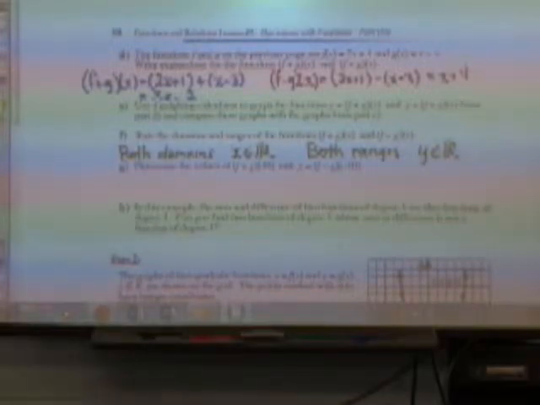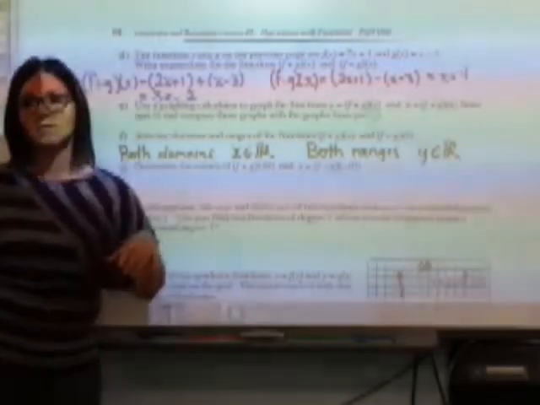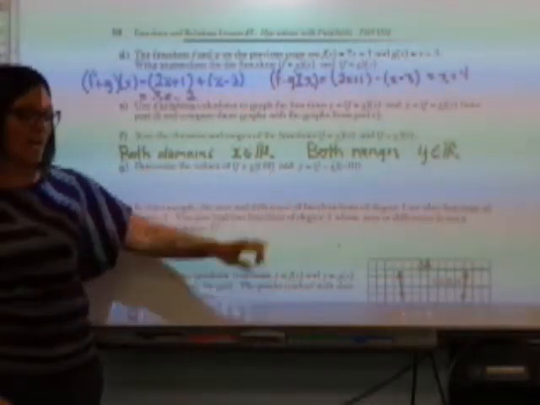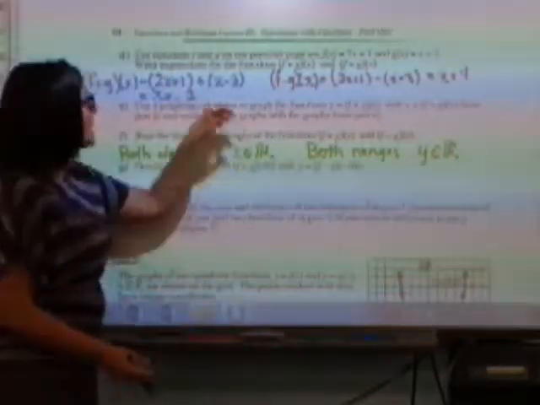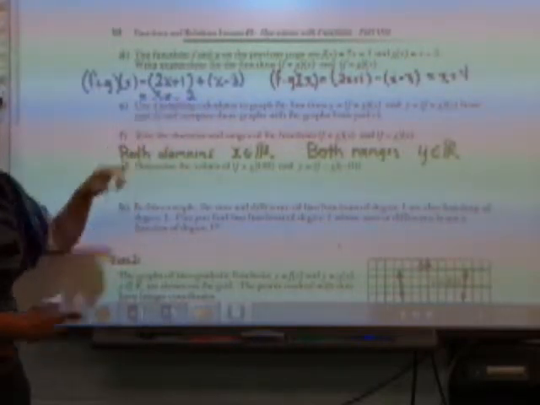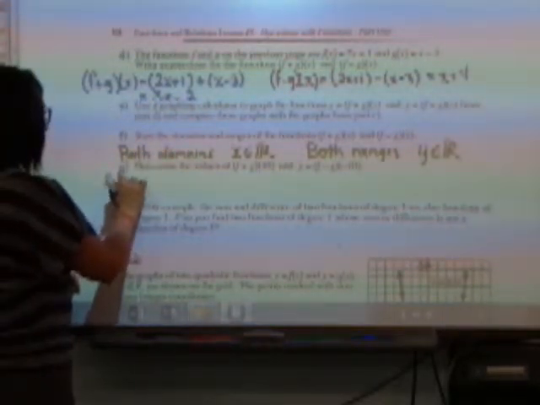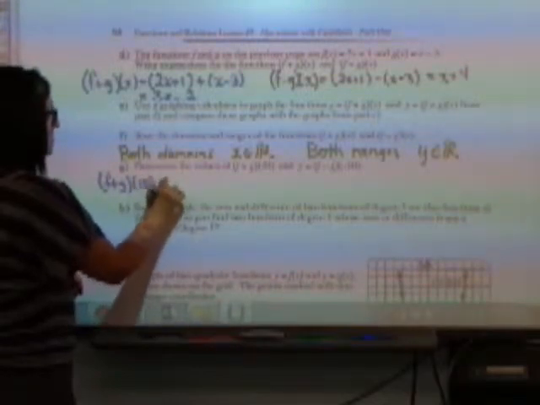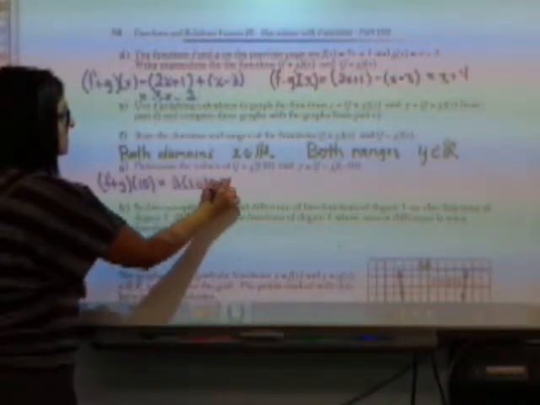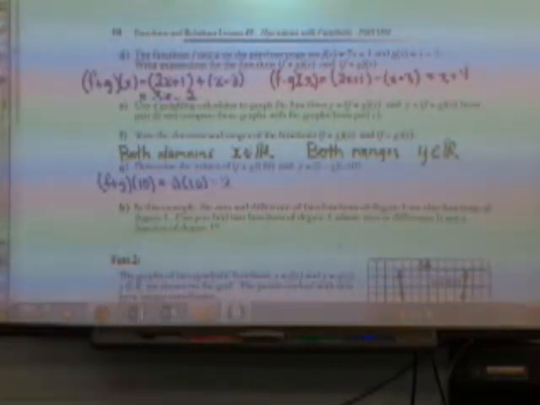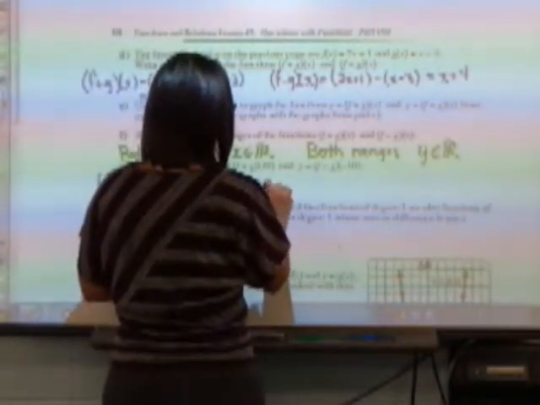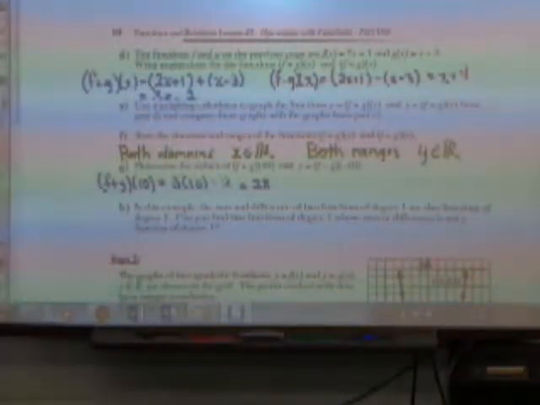So with the next part, determine the values of f plus g of 10. What I can do is take 10 and substitute it into the equation that we solved above. So f plus g of 10 would equal 3 times 10 minus 2, which is 28. So on the graph, if I extended that blue line so that I could see when it reaches x equals 10, the y value would be equal to 28.